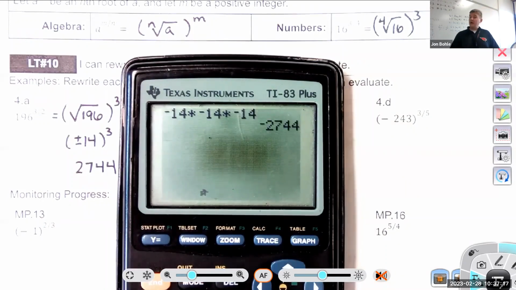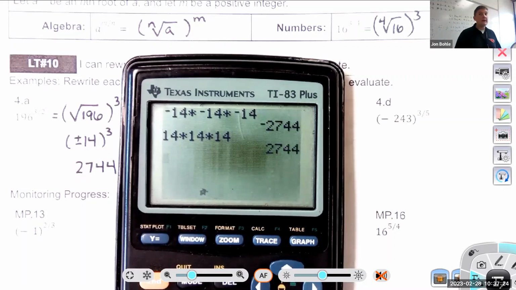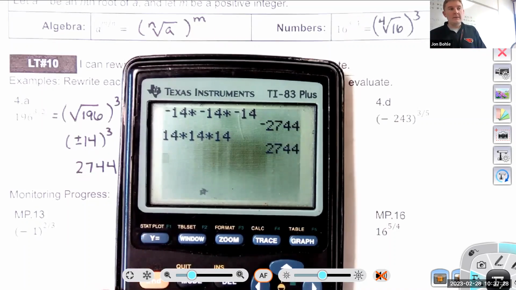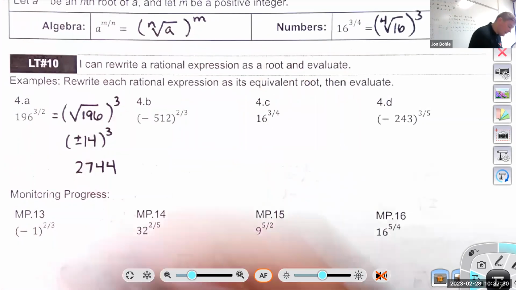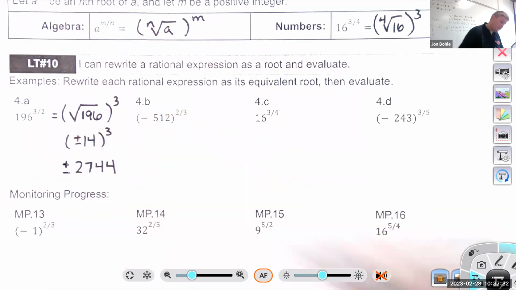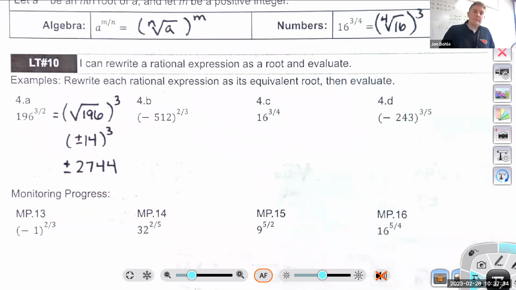When I do that, I got negative 2,744. And then when I take 14 times 14 times 14, I get positive 2,744. So what does that mean? It's both positive and negative. Okay, and that's the learning target. That's what it looks like.